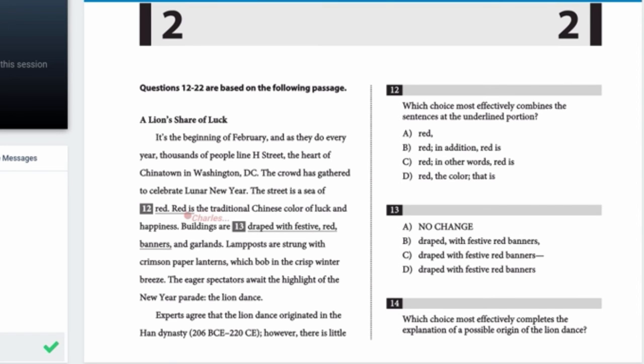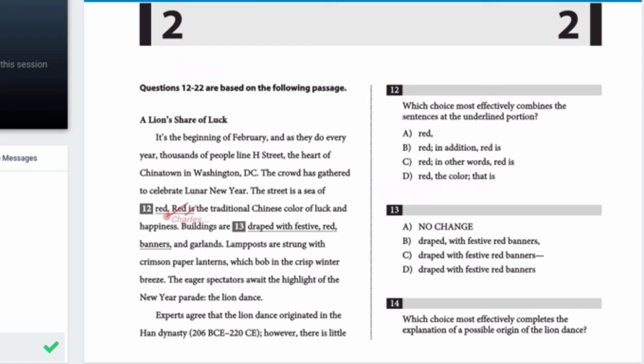So these are two independent clauses. So for A, if I just make it a comma and eliminate red is, I'd be eliminating the subject and verb of the second sentence.